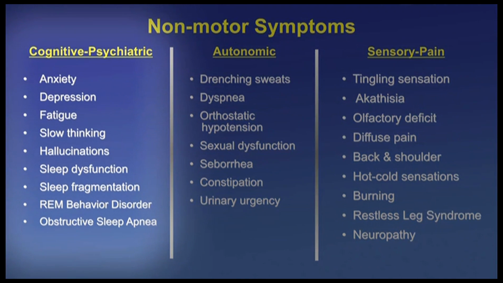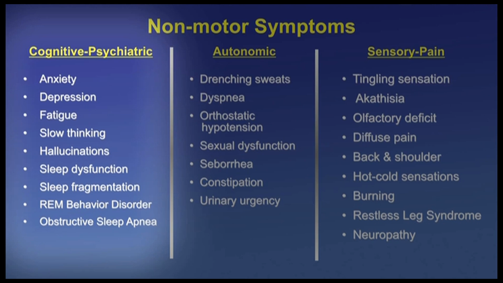So let's look at the cognitive psychiatric symptoms. We've talked about some of those. Anxiety is present in 50 to 70% of patients with Parkinson's disease. Depression is very important. Oftentimes, depression precedes the diagnosis in 50% of the cases, and it goes on through the disease. Fatigue is very common.